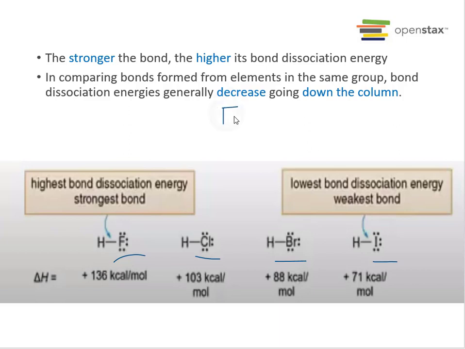Fluorine is at the top of the group, followed by chlorine, and then bromine, and then iodine. We can see that fluorine has a positive 136. The hydrogen chlorine is 103. Bromine, 88. Iodine hydrogen, 71.